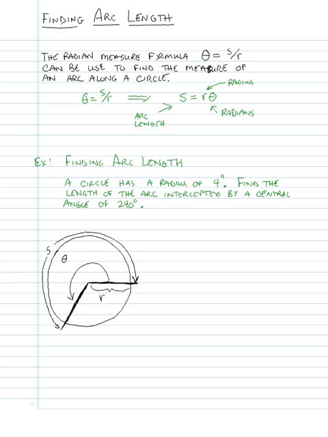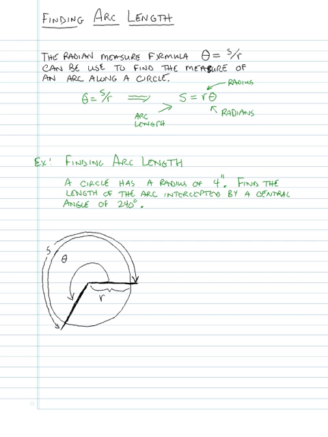Our problem states this: we have a circle that has a radius of 4 inches, and we're to find the length of the arc intercepted by a central angle of 240 degrees. It seems like there's a lot of extra language there. We just mean inside that circle, we have the center, the vertex of our angle at the center of the circle. That's what we mean by central angle.